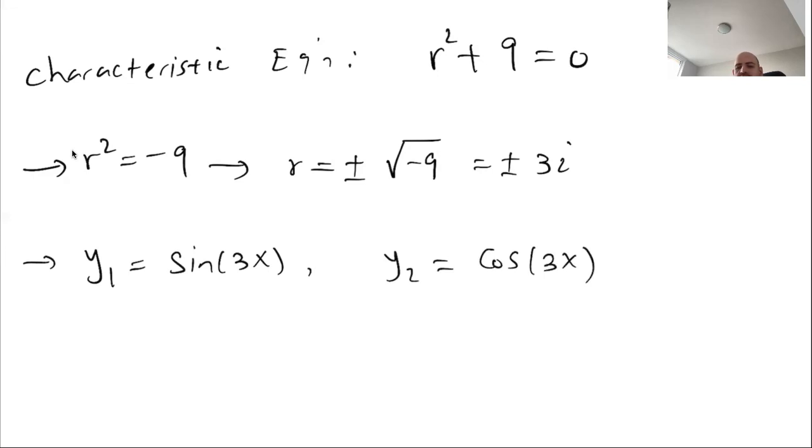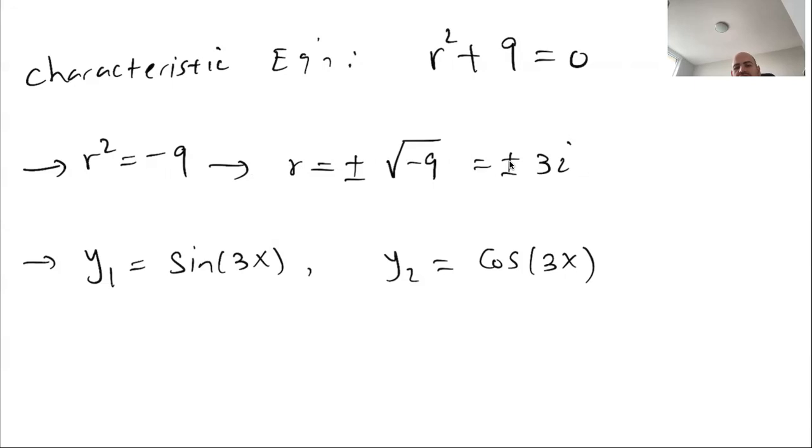If you remember the procedure for finding linearly independent solutions, if we have two complex roots for our characteristic equation, like alpha plus minus i beta, then the solutions corresponding to those roots will be e to power alpha x sine beta x and e to power alpha x cos beta x.